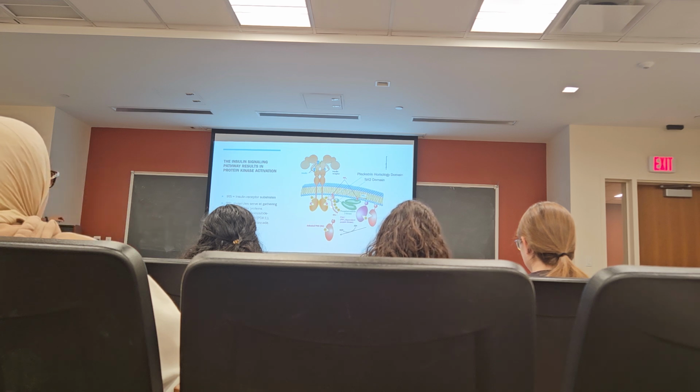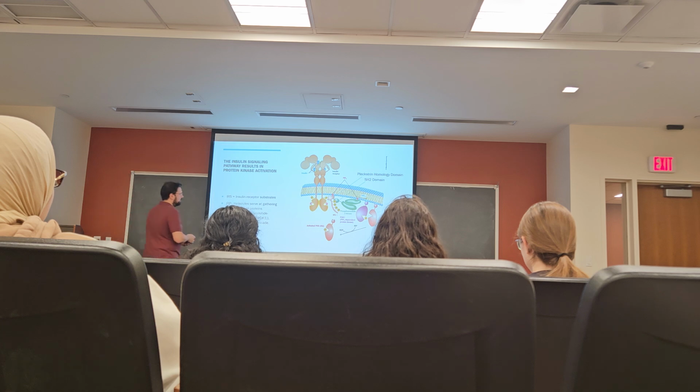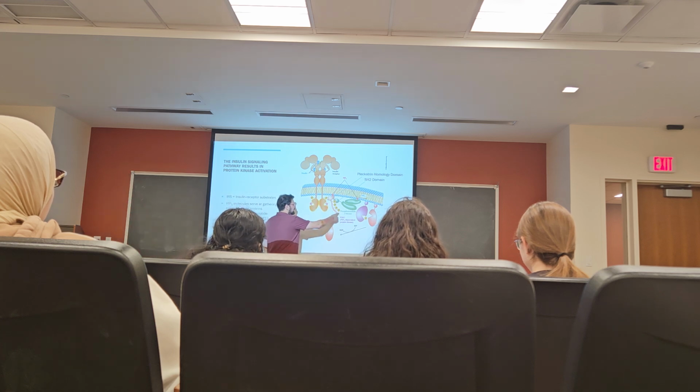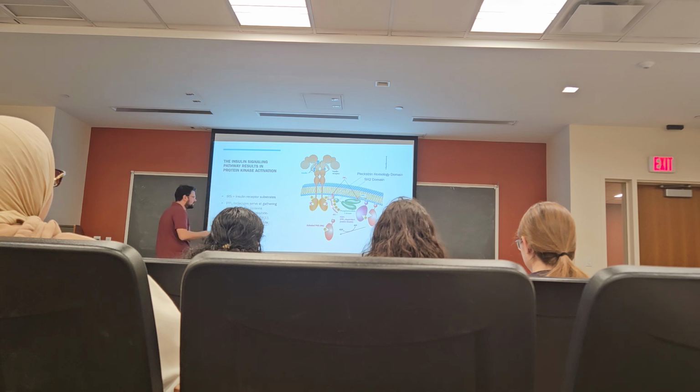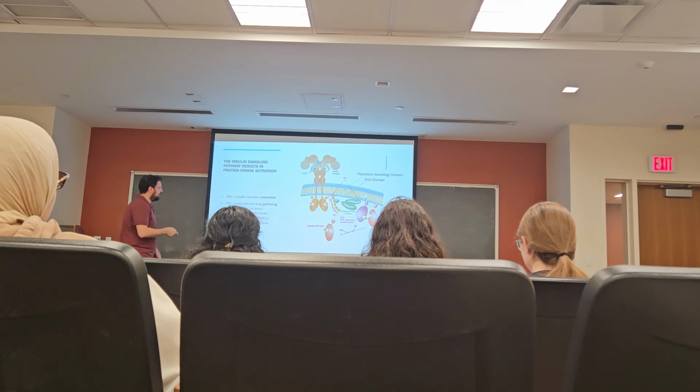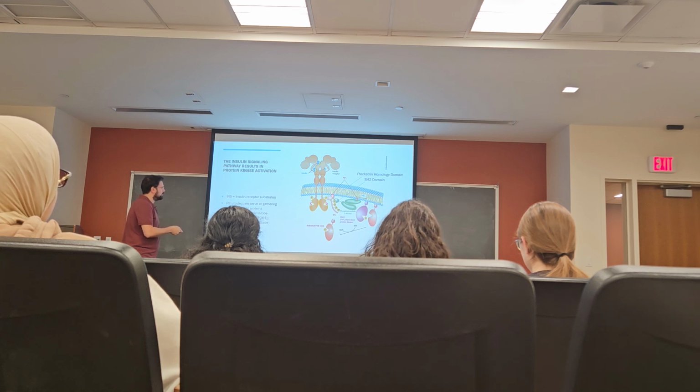When this recognizes the phosphotyrosine, the tyrosine kinase activity of the beta subunits also phosphorylates tyrosine residues in IRS1 itself. IRS1 is also held to the inner leaflet, close to the receptor, by this domain here, which recognizes PIP2, the same PIP2 that we saw in the PKC cascade.